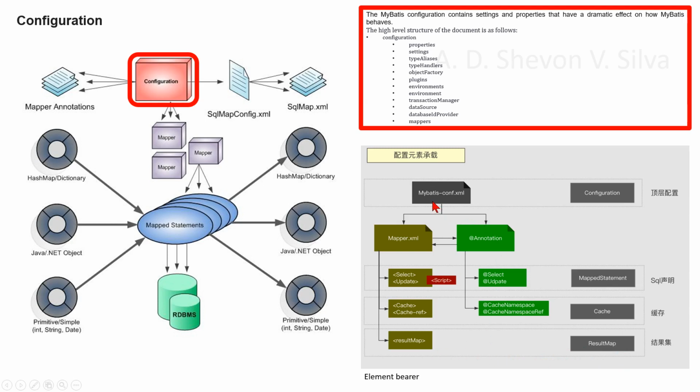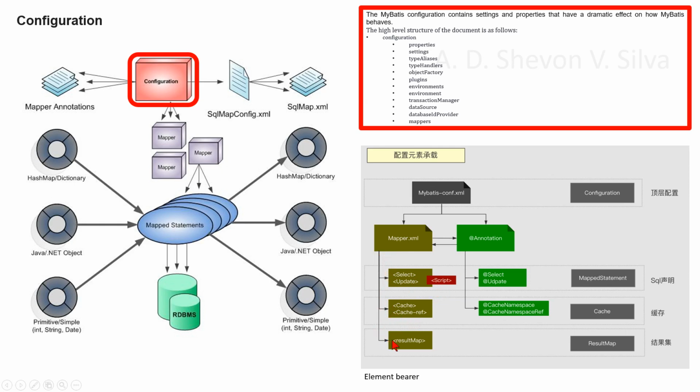Here you can see MyBatis-config.xml is connected to mapper.xml and annotation. Here mapper.xml interacts with the annotation, and mapper.xml is connected to select and update, and these are connected to select, update, etc. These are connected to script here, and mapper.xml is connected to cache-ref.